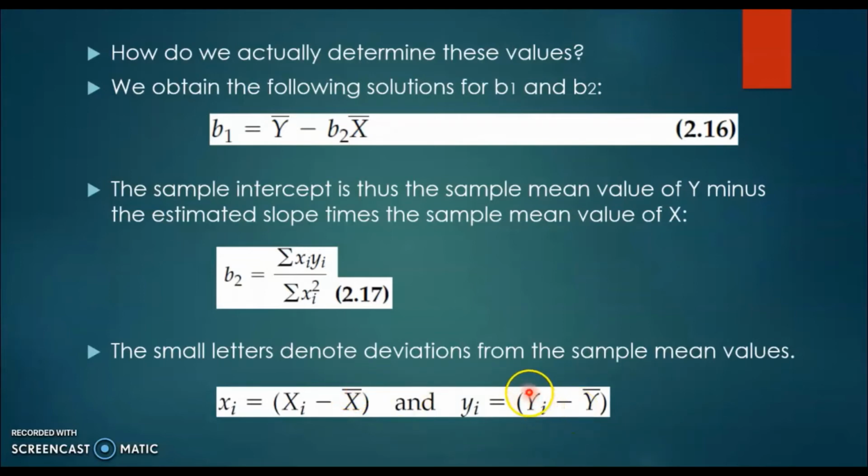And the same goes for yi, which refers to the particular value of y at a specific observation i, while y bar refers to the mean value of the dependent variable from the sample retrieved.